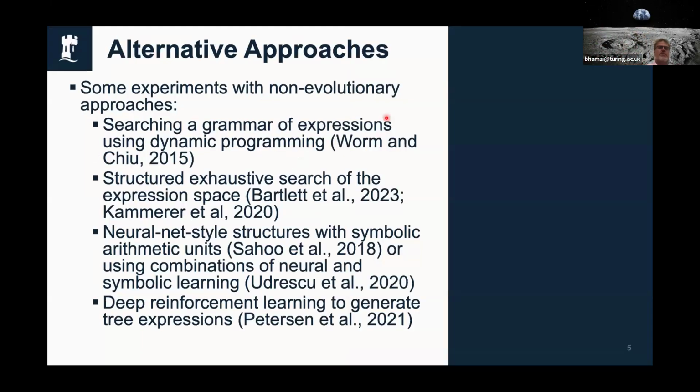So we've got that approach to it, and then there's other approaches. There have been some alternative approaches in recent years. There've been non-evolutionary approaches, searching a grammar of expressions using dynamic programming, doing a structured exhaustive search of a certain constrained expression space, using neural net type structures to evolve or learn symbolic networks of symbolic units, or using combinations of neural and symbolic learning, or using deep reinforcement learning to generate these kinds of tree expressions.